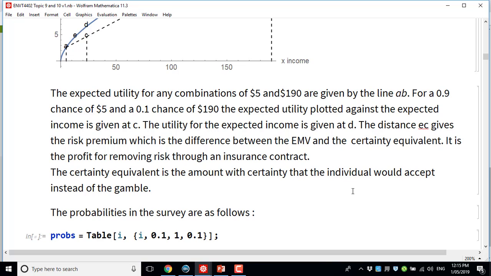And then if we draw a line like this, which would intersect here, that's our point E. And if we draw a line down here, that would give us the risk premium, the difference between these 2 points.